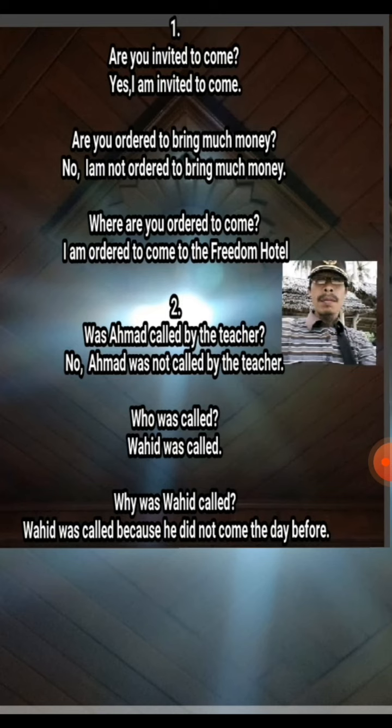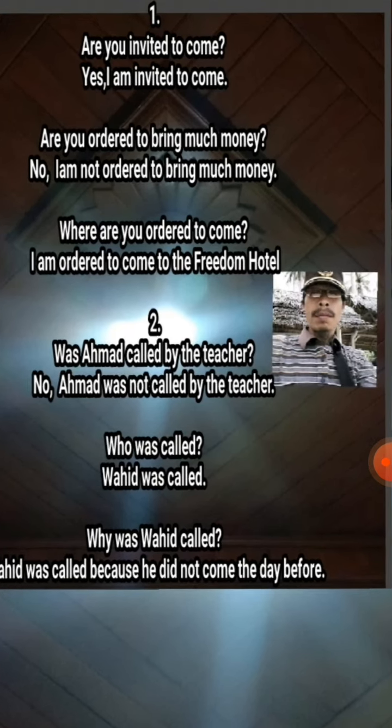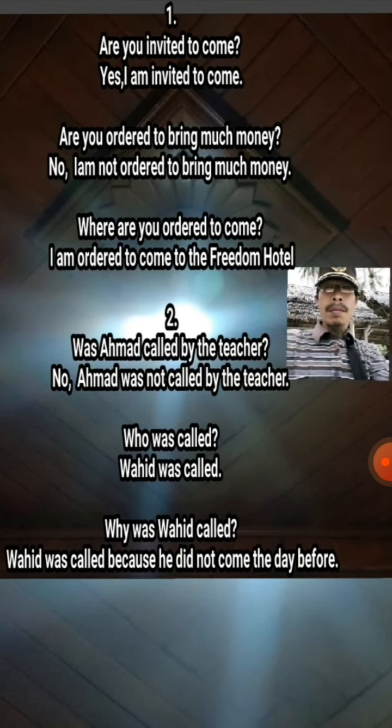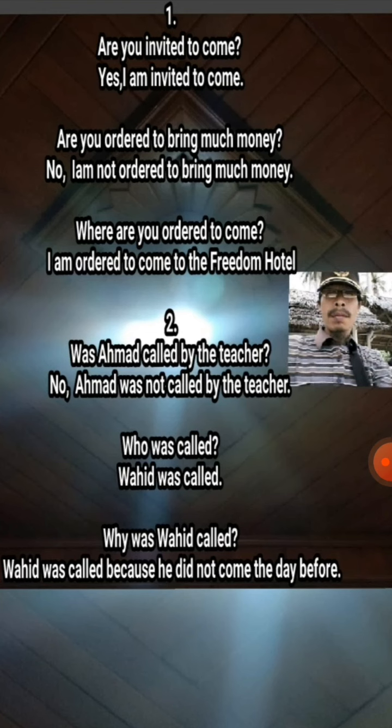It is in the form of a question. We use are, and then the subject you. After you, we use the past participle invited, to show that the sentence is in the form of passive.